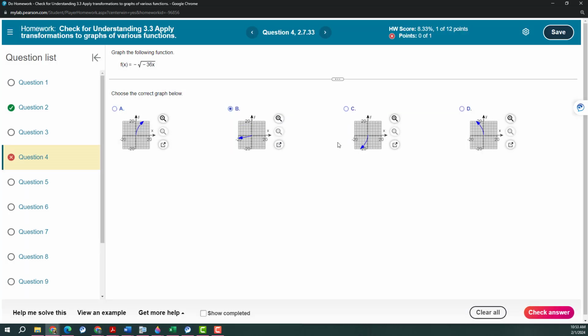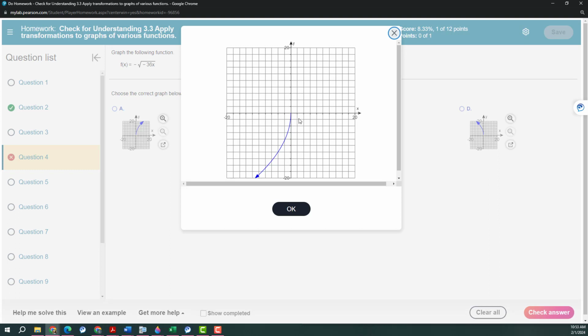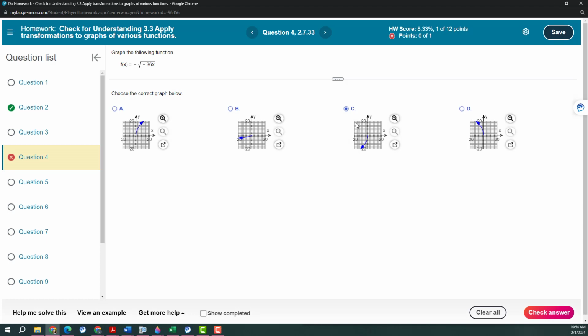So I don't think it's B. Let's look at C. Negative 1, 1, 2, 3, 4, 5, 6. These are 2's maybe? So 2, 4, and 6. So yeah, it is C.